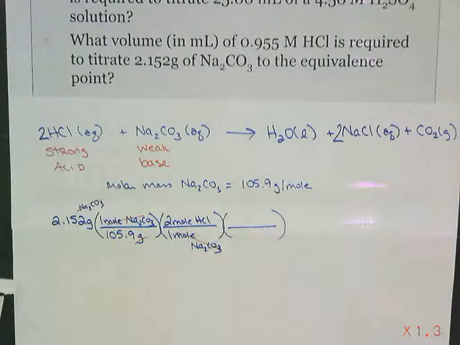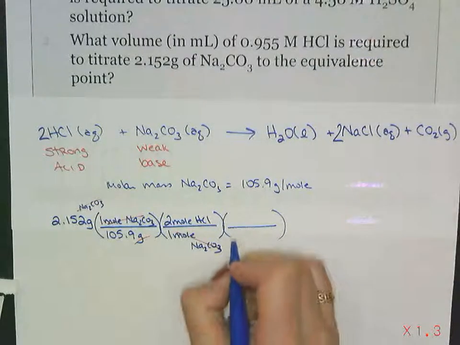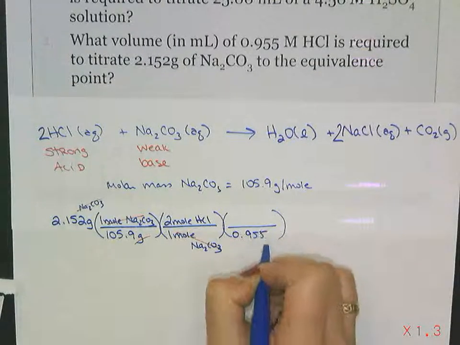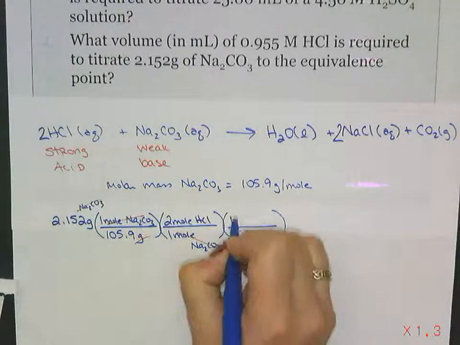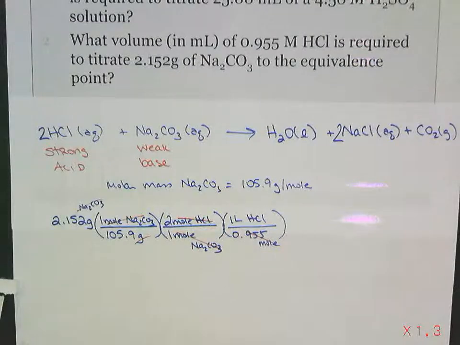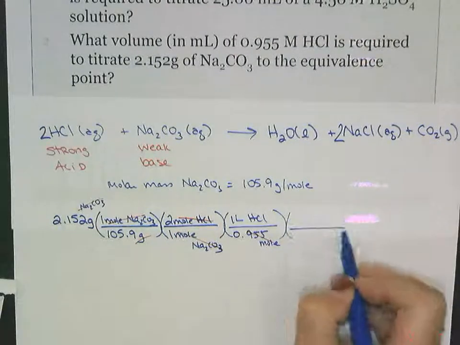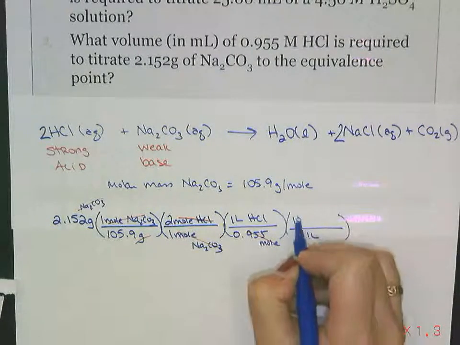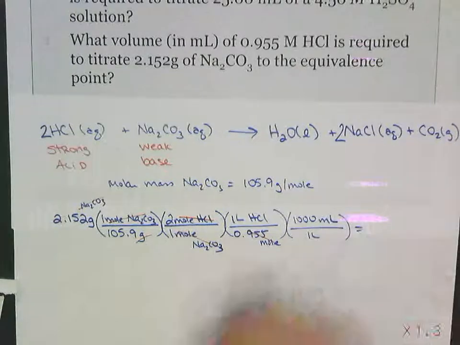On the bottom, right? Because we want those moles to cancel out. Would I stop there? I could stop there, or I could go all the way to milliliters. All right, let's see what that is.